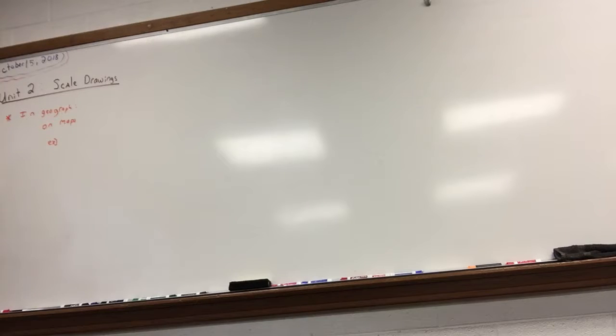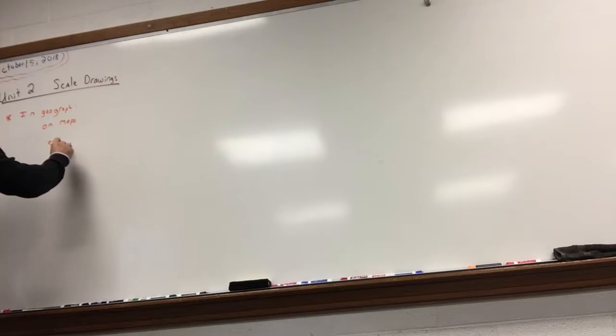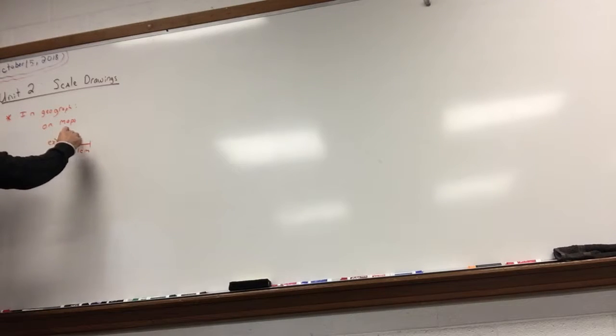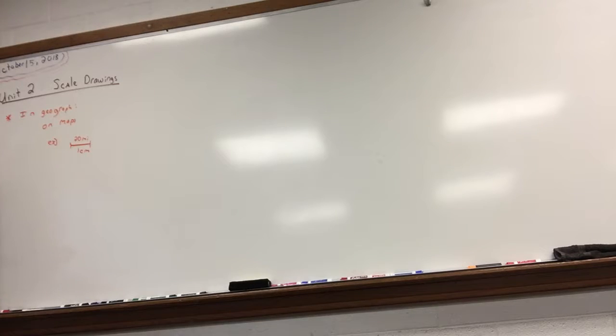Okay, so what I'm hearing is you might have something that looks like this. That says 1 centimeter is 20 miles. Something like that? Has everybody seen a map? Because when you open up your geography book and you say, how far are they? You don't really know just by looking at it, because from Kansas City to St. Louis is like 200 and some odd miles. We can't open up a book 200 and some odd miles.